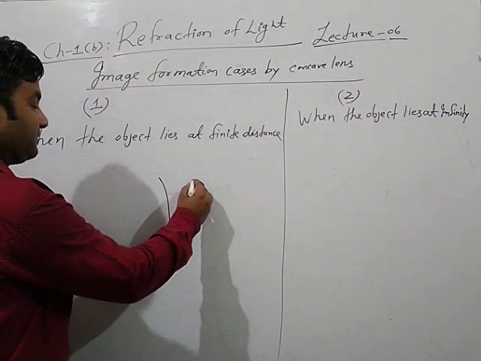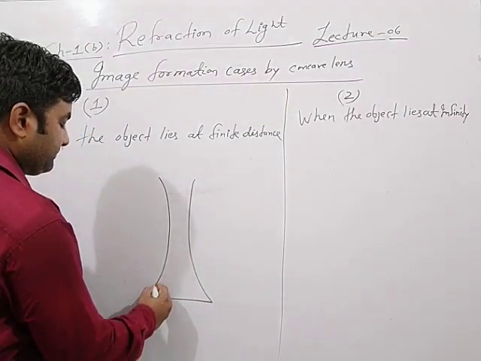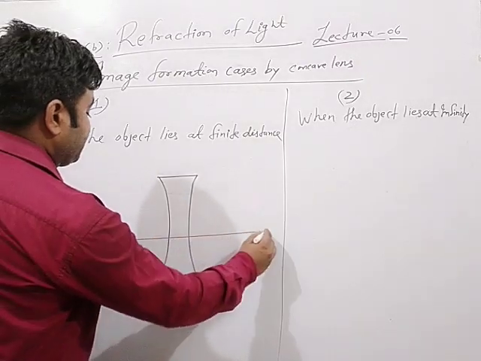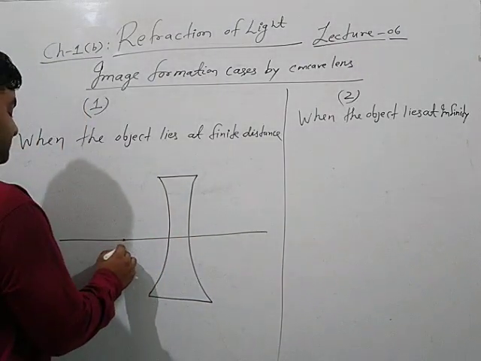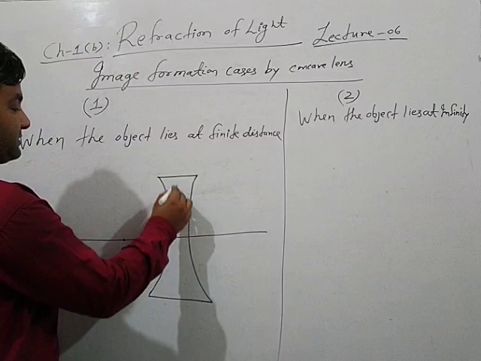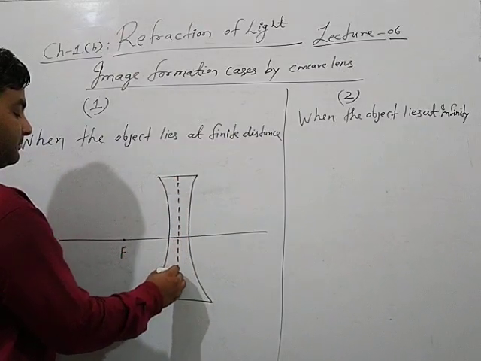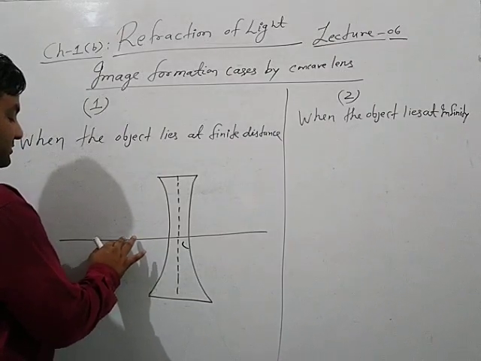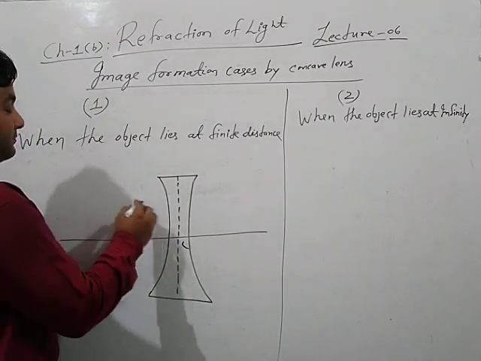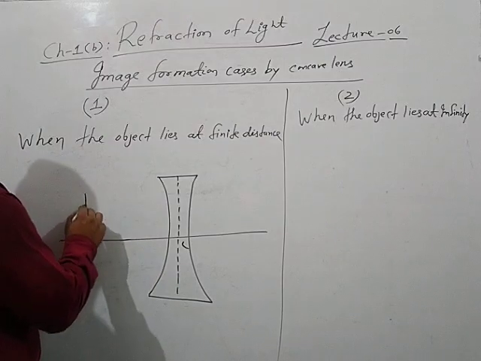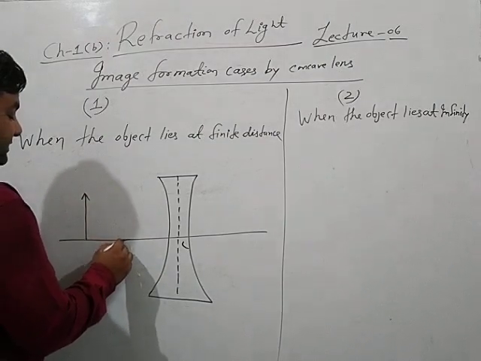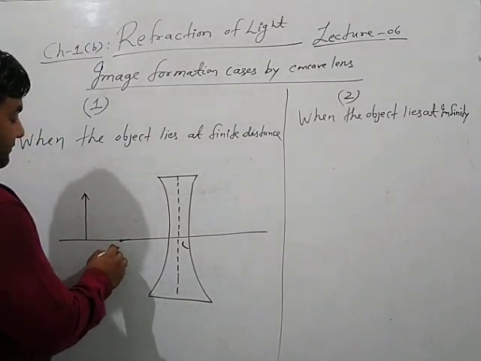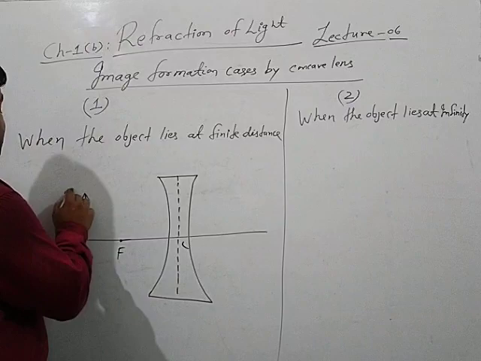Here, this is concave lens, and this is principal axis. This one is focus. This is optical center. Take focus somewhat distance away, and the object lies at finite distance. This is the focus, and here is object AB.